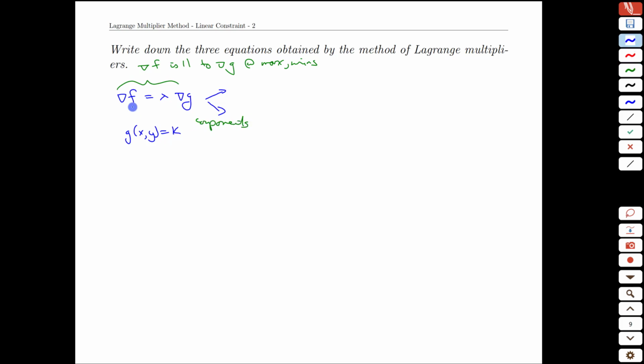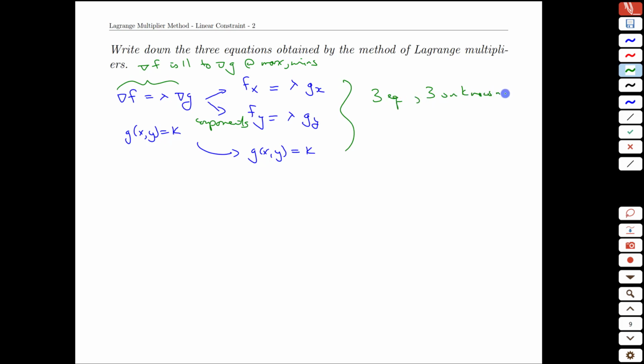And if we do that, the components of the gradient of f are the x component and the y component, and those have to equal a lambda times the same component in g, so g x, and lambda times g y, and then our constraint comes along for the ride one more time, and this gives us at the same point 3 equations and 3 unknowns. You should be able to feel that kind of relationship in the math when you get to this stage.